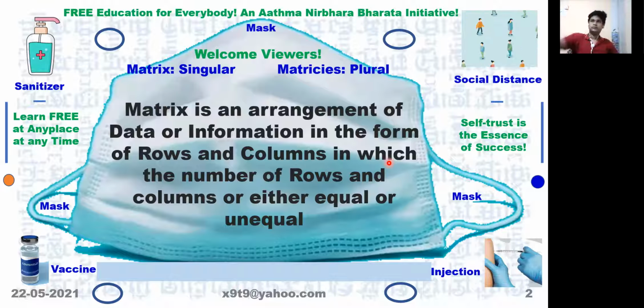What is important is the number of rows and number of columns need not be equal. They may be equal, they need not be equal. So if we are talking of one matrix, that matrix is called singular form. Matrices is plural form. So two or more matrices, we will say.